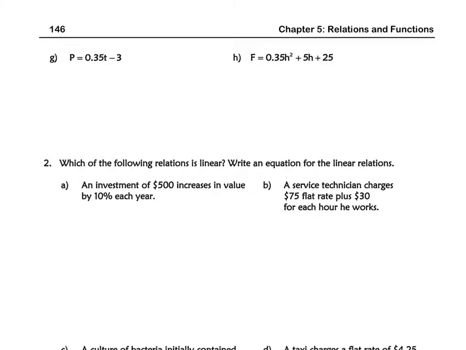The next example is an equation. When we look at the equation, it does have that form of dependent variable is equal to the rate of change times the independent variable plus a constant, or in this case minus, plus or minus.